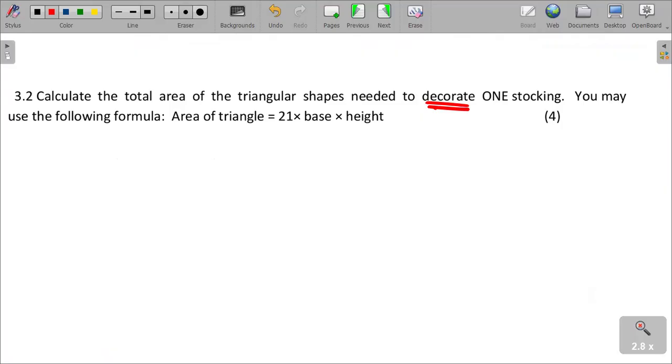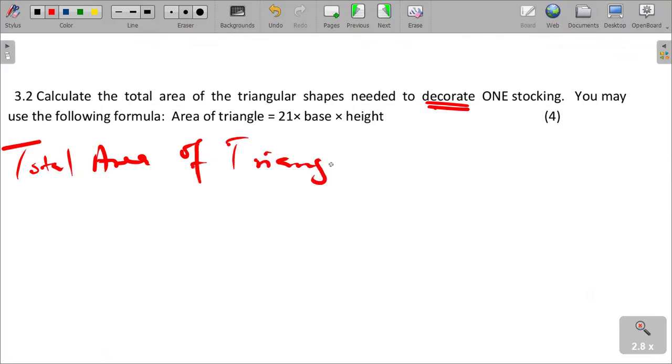So now, in order for us to find the total area of triangular shapes, in this case, the problem states that there are 3 triangles on each side. We have triangle 1, 2, and 3.